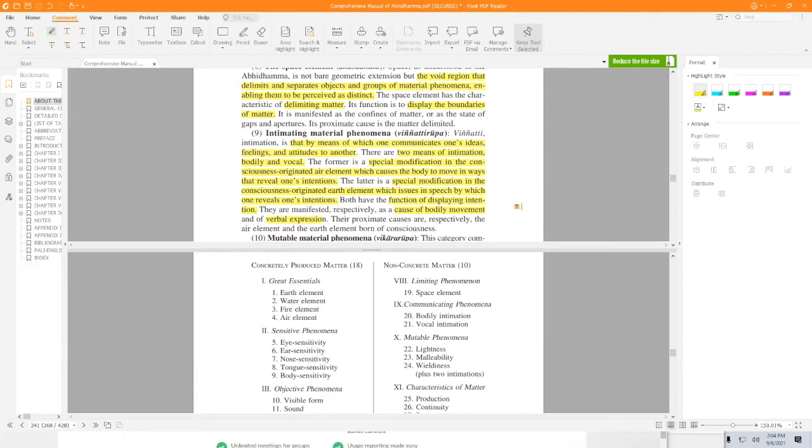And what mobilizes the body, according to ancient Indian or ancient Buddhist physiology, is the air element. In this case, it's originated by consciousness because my mind gives the instruction, raise your thumb to show you agree. If somebody says something I don't like, I put the thumb down like this, and it means I disagree. So I'm showing disapproval by a bodily action.